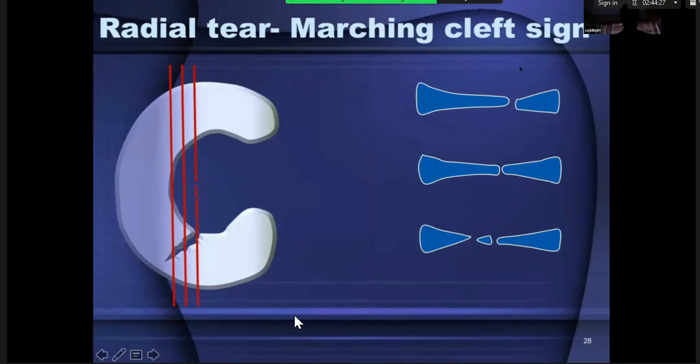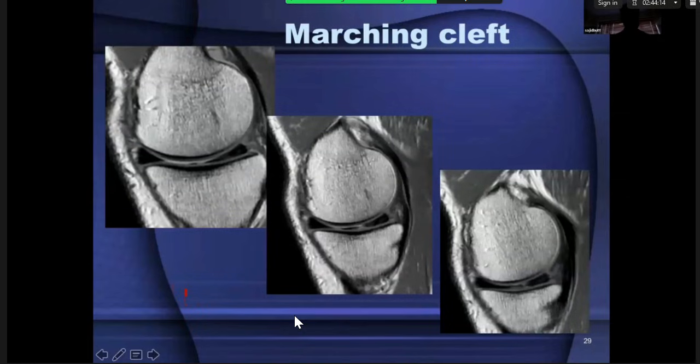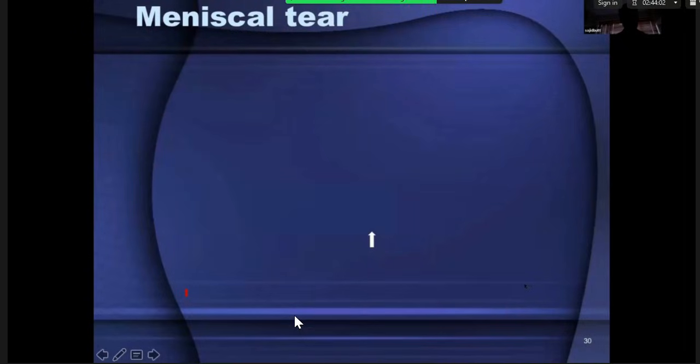So working from outside to inside of the knee, the cleft of the tear is seen marching anteriorly. It's just because we are catching it at different sections in the sagittal plane, which results in this marching cleft sign. So here is the marching cleft sign in the adjacent 3 slices. We can see that the tear is here, then it's there, and then it goes further posteriorly, depending on the shape of the radial tear.